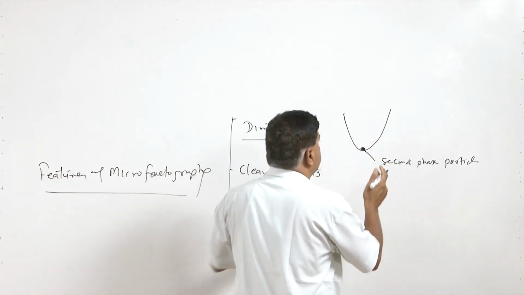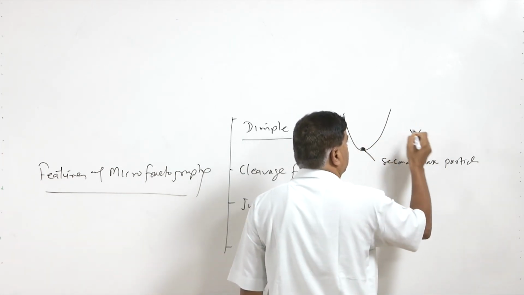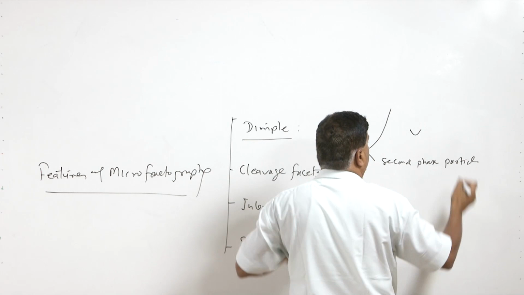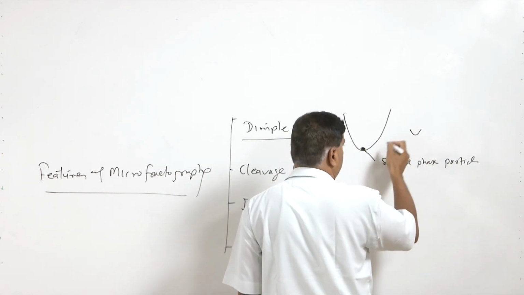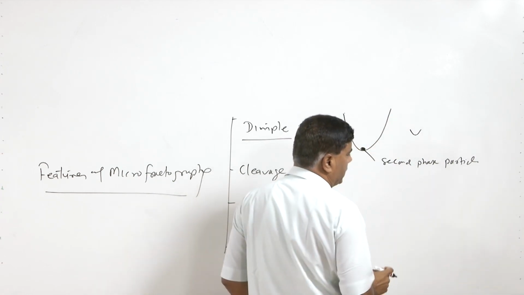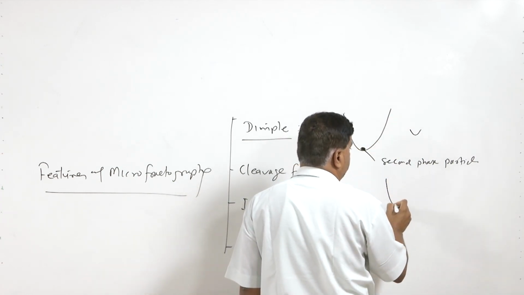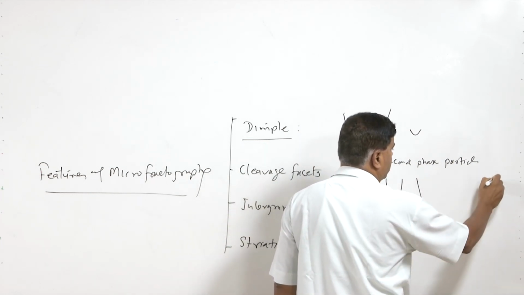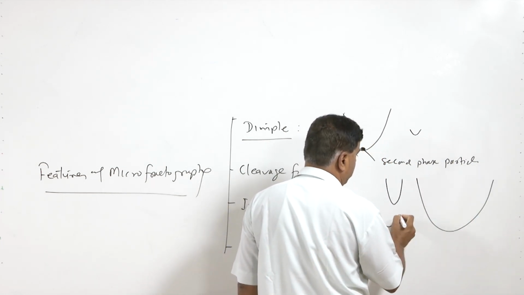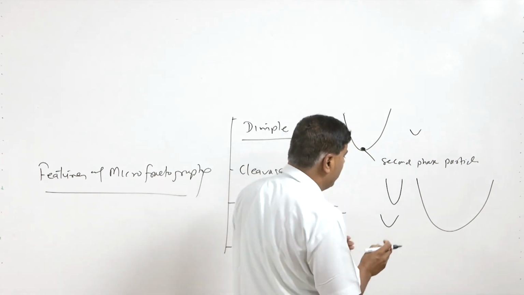So, the dimples may be shallow like this, or these dimples may be very wide. Depending upon the diameter of the dimples, like this is a conical shape, the dimples may be of a smaller diameter or a large diameter, and may be shallow or deep.